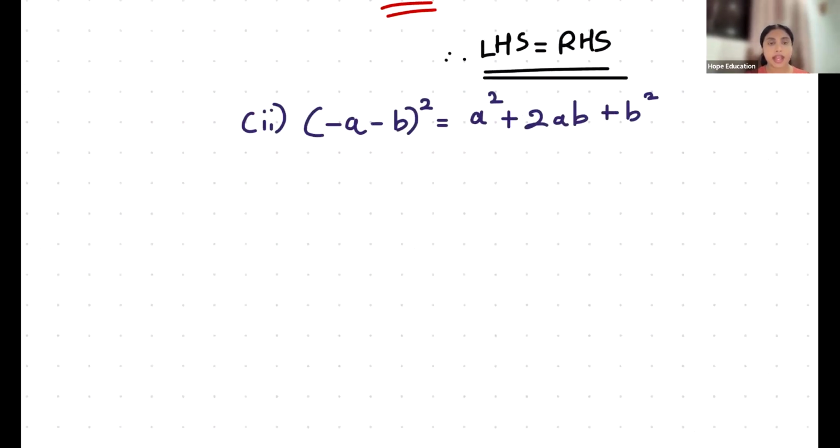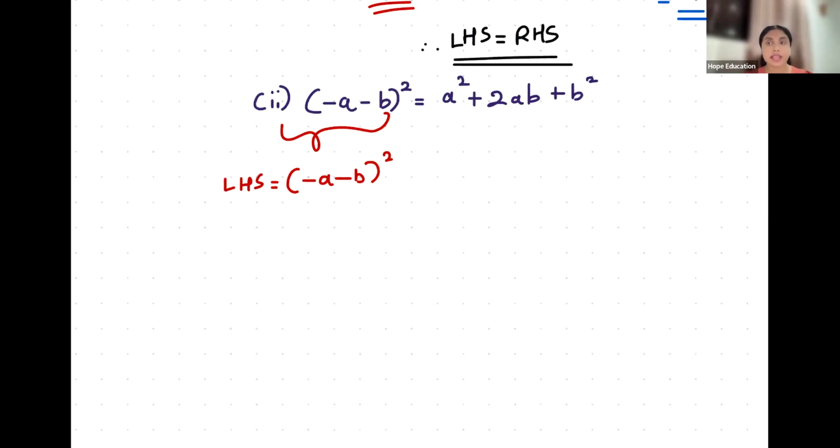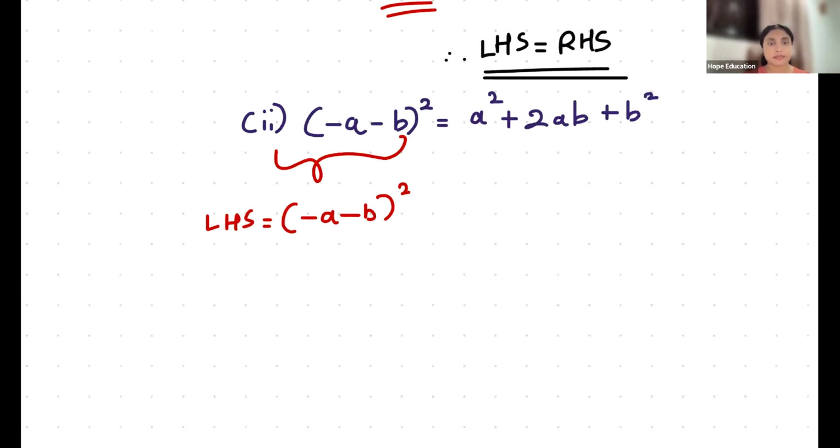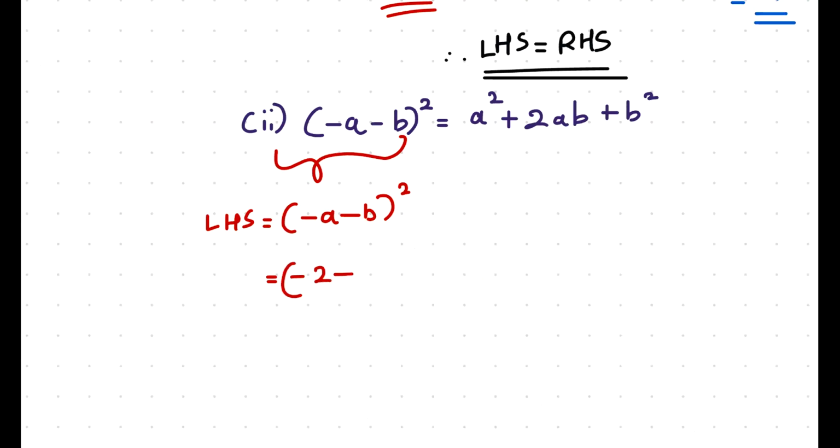Let's start with the left-hand side. Left-hand side, we have minus A minus B squared. So, minus A, you know, A is 2, B is 3.